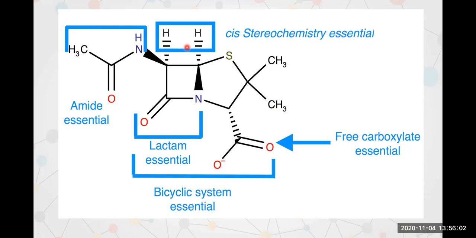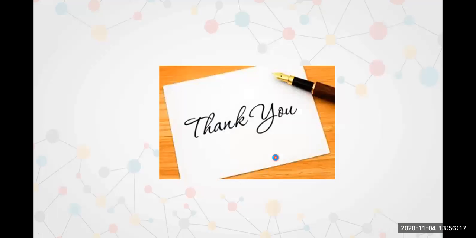Okay, cis means both the hydrogens are on the same plane, and that is a requirement for good activity. So that is one more point you can add, and all other points we already discussed. Okay. So this is about the SAR of this class of compound.